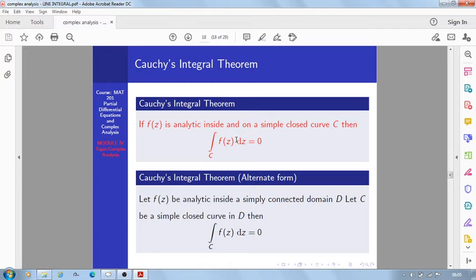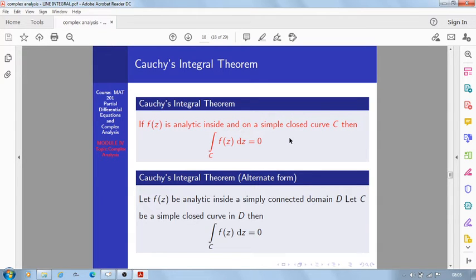The initial point and terminal point will be the same. So F of b minus F of a will be equal to 0. So if f of z is analytic inside and on the curve C, then the integral of f of z will be equal to 0. This is called Cauchy's integral theorem.